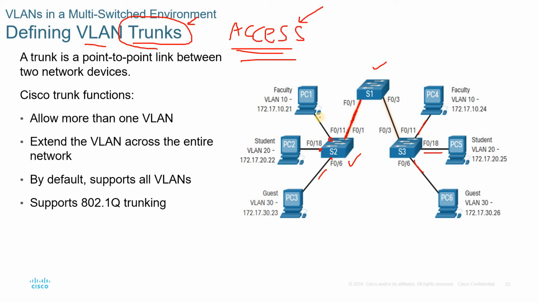Okay? Now, in order for this PC na part of VLAN 10, at saka itong PC na to na part of VLAN 10 as well, nasa kabila siya, no? Para makapag-usap tong dalawang to, okay, kailangan, of course, dadaan sila kay S1. Diba? Kailangan silang dumaan kay S1.